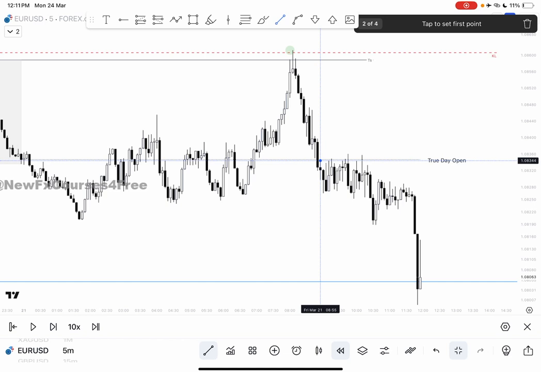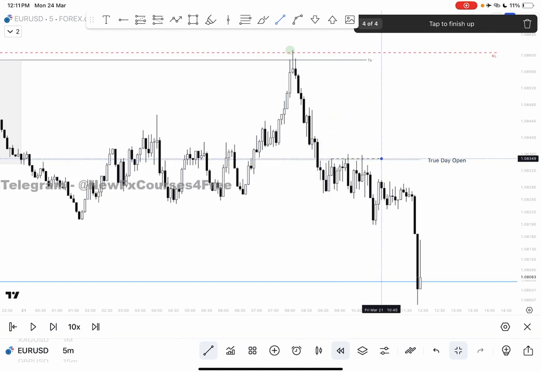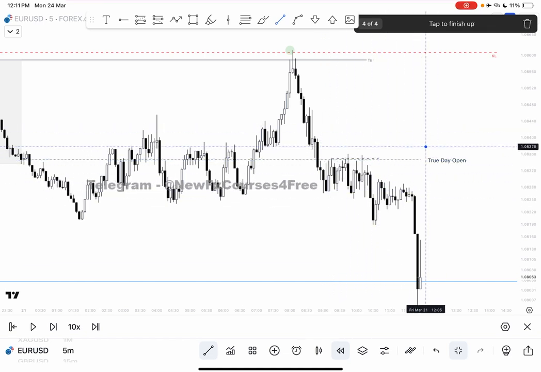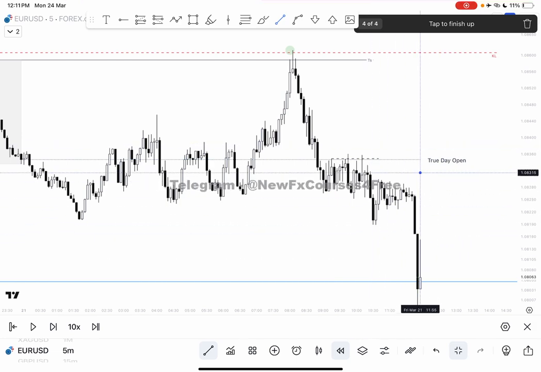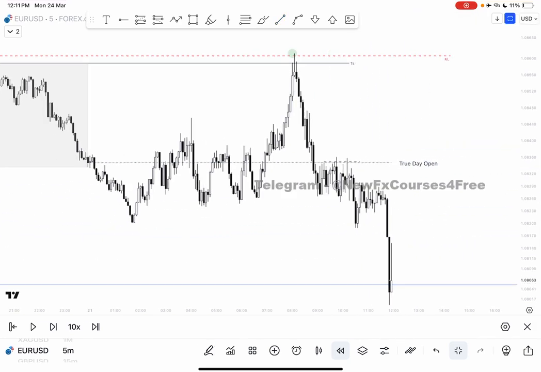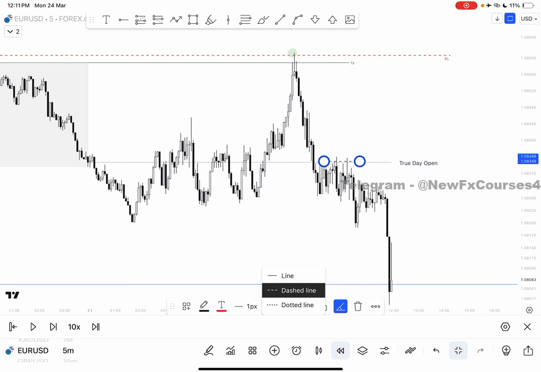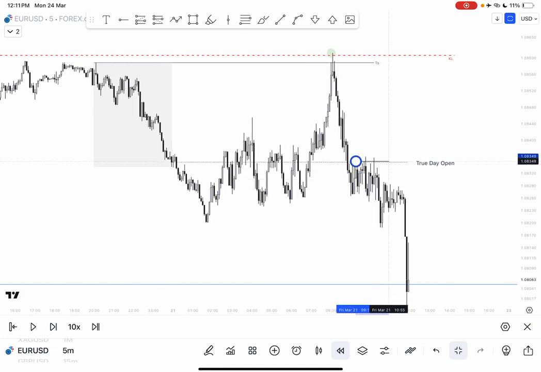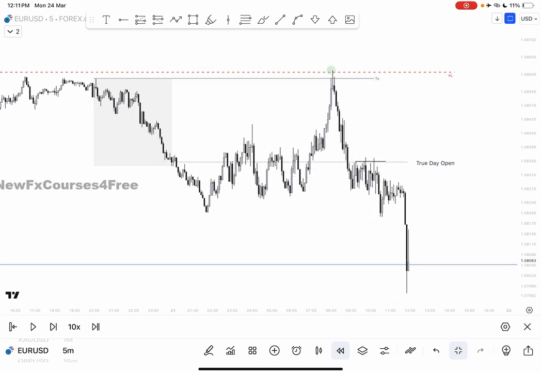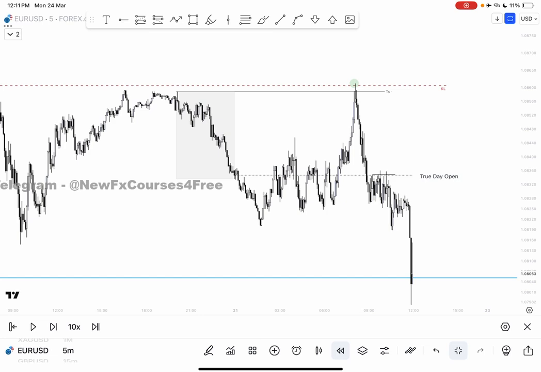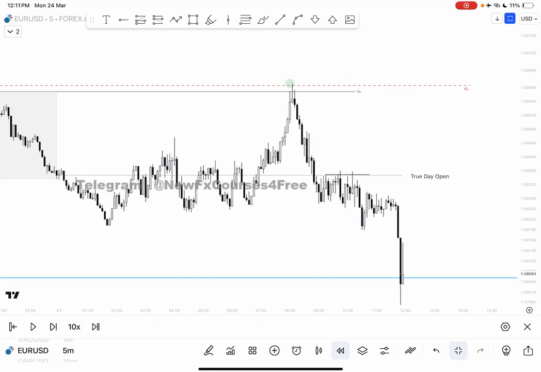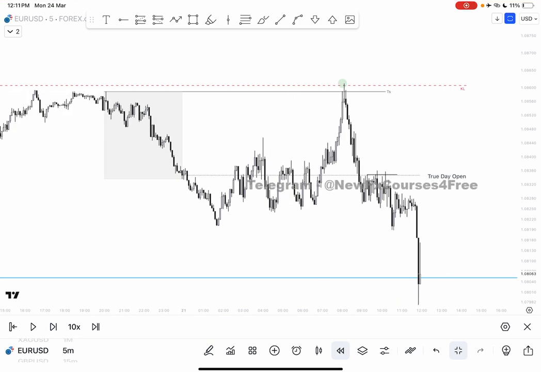Range, pop above this range, using your true day open as a key level. True day opens can also be used as key level. That's your source number 2 or number 3, because I've literally given a lot of source in this video. And this was tapped on a key time.